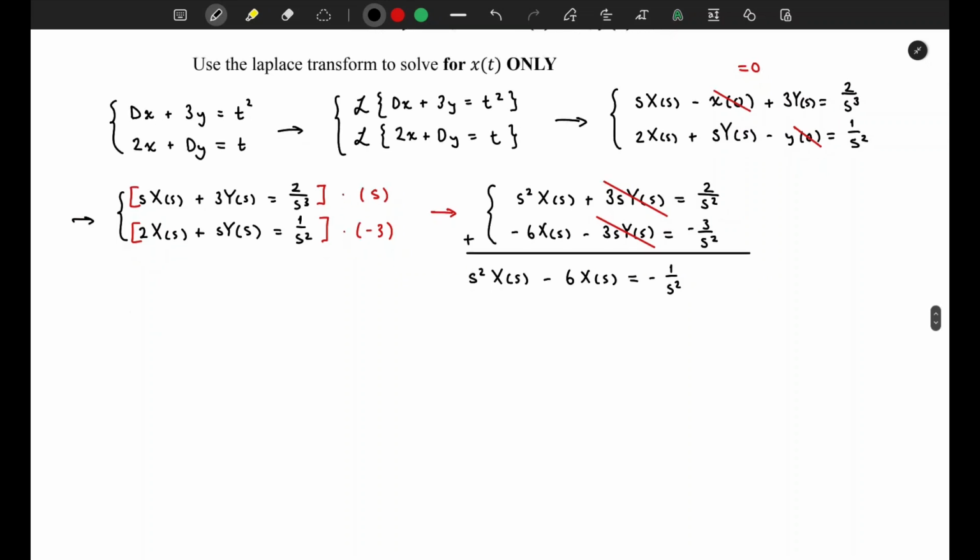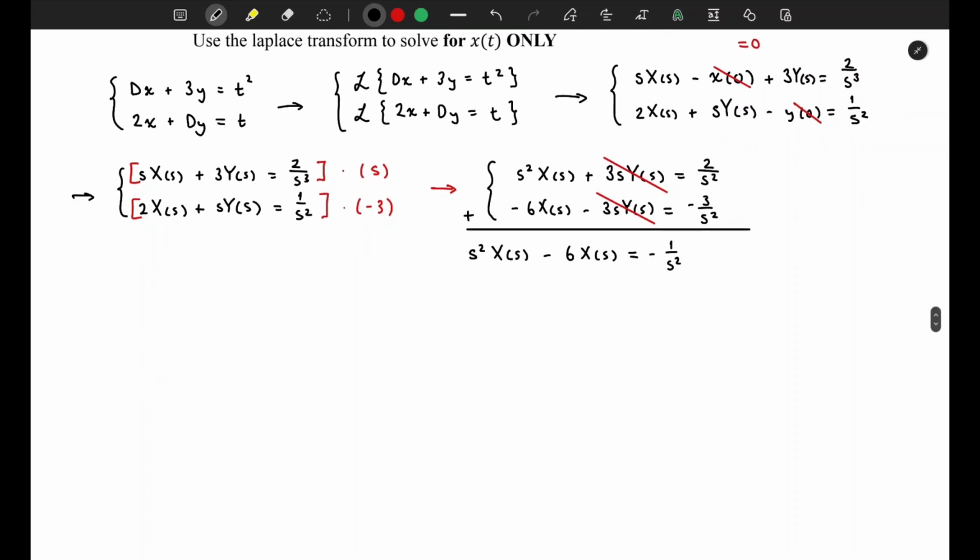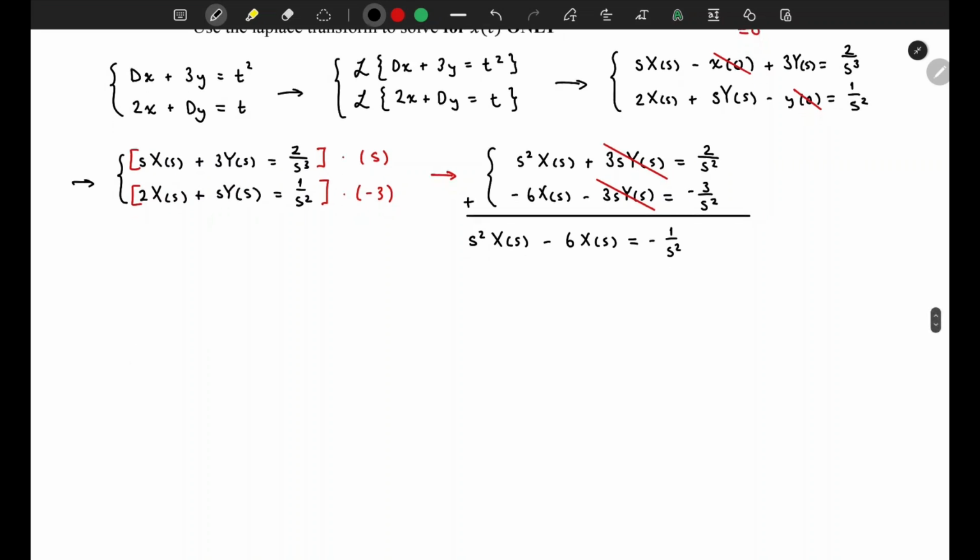Now, after we add these equations, we want to solve for X of s. So on the left side of the equation we want to factor out that X of s. If we factor out that X of s, we'll get X of s times s squared minus 6, that's equal to negative 1 over s squared.